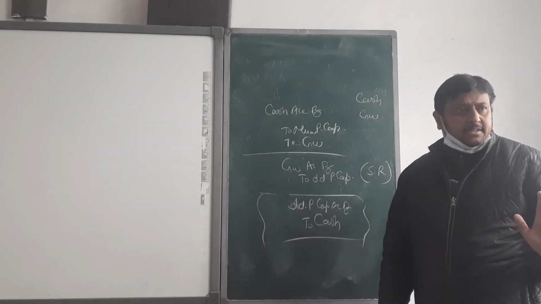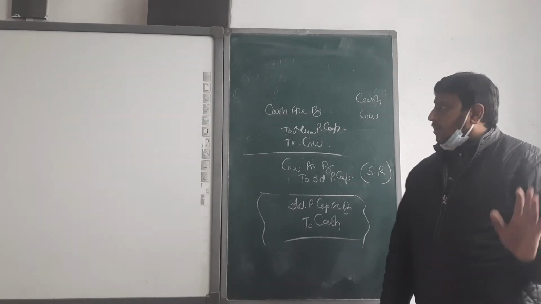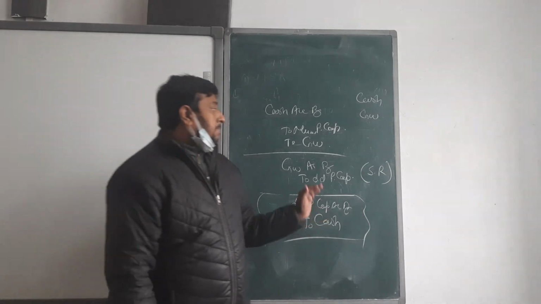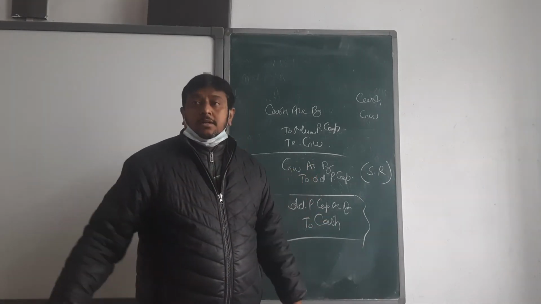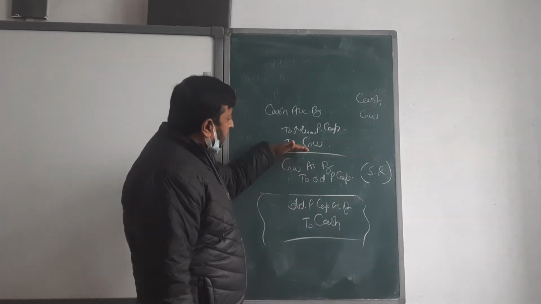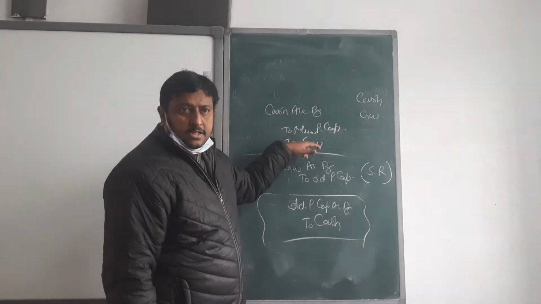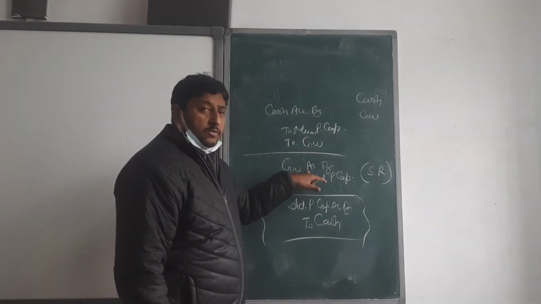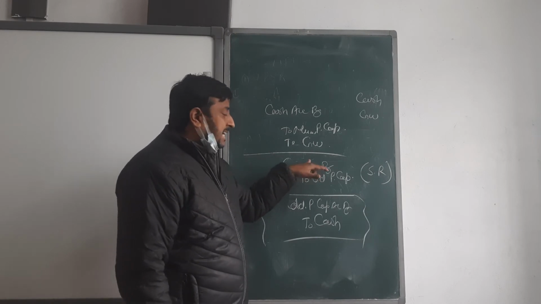Okay, clear? One more case is there. If they are not coming with the goodwill in cash, then we do not enter the goodwill here. We do not enter the goodwill here, and from here we do not enter the goodwill. It goes to the new partner's current account.